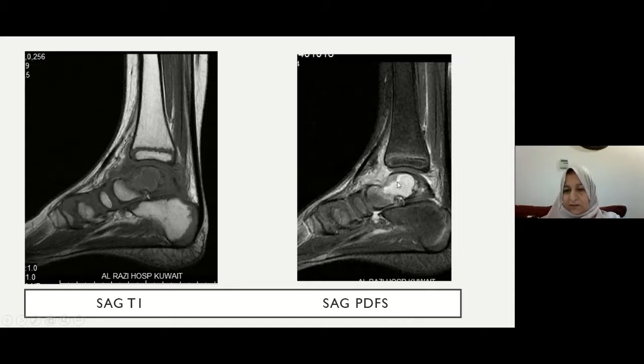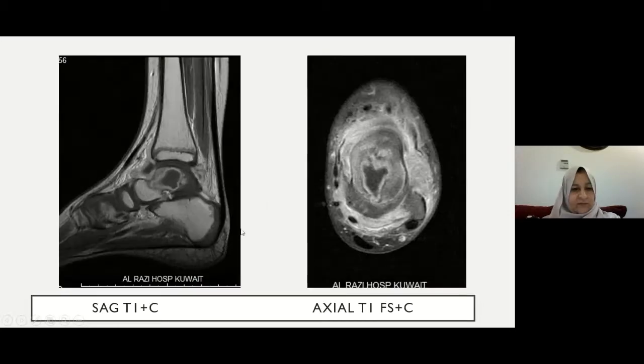The lesion is high in STIR, and it is intra-articular, so you will expect this synovial thickening and effusion. T1 fat-set sagittal and axial contrast showing typical penumbra appearance, central fluid, zone of enhancing granulation tissue, and the rim of sclerosis that is well seen in CT. We have here mild joint effusion and enhancing synovium.